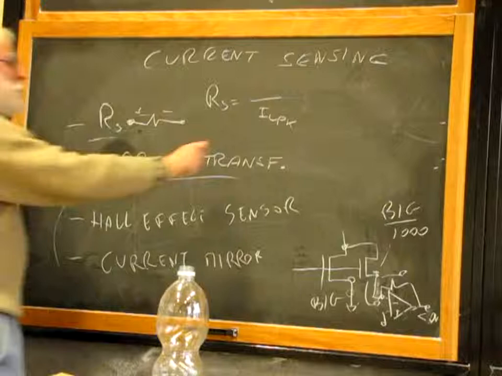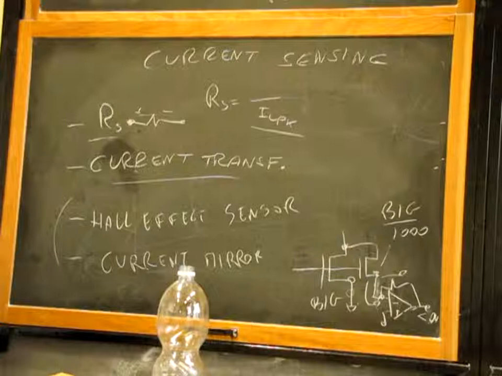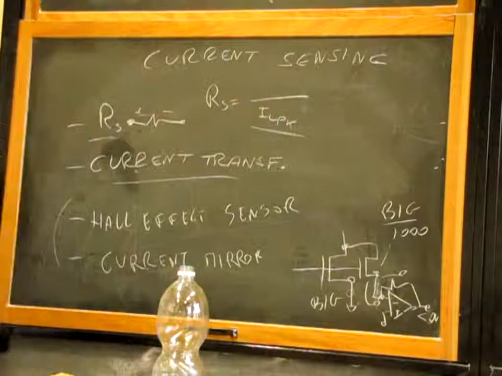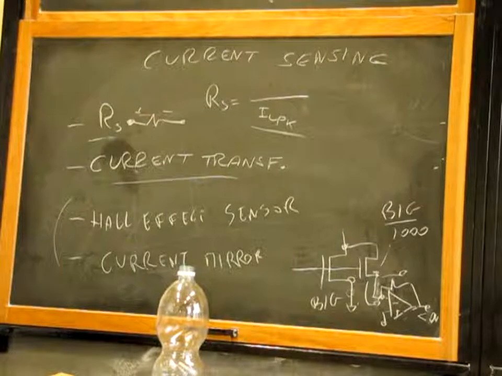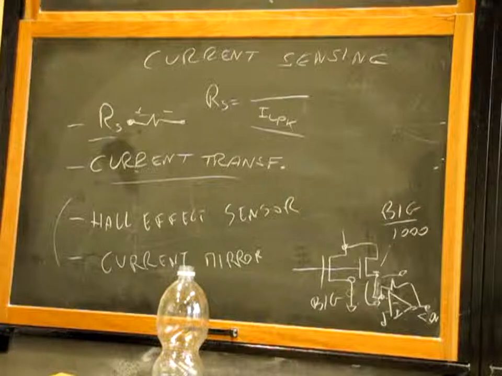Anyway, you pick the peak current maximum, absolute maximum, worst case, and what voltage do you want across your sensing resistor? It's the maximum voltage that your controller can accept at the input. And I told you, most of the time it's 1 volt, in some cases 0.25 volts or less, but 1 volt is the standard for many ICs.